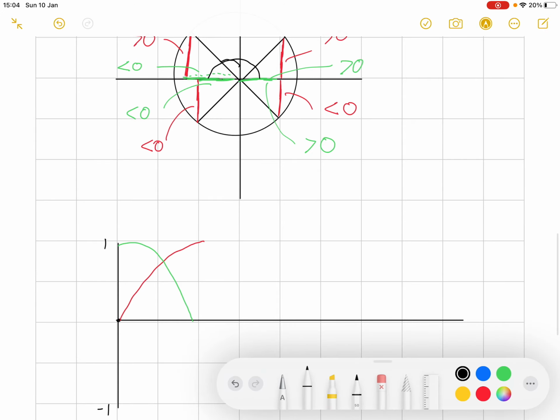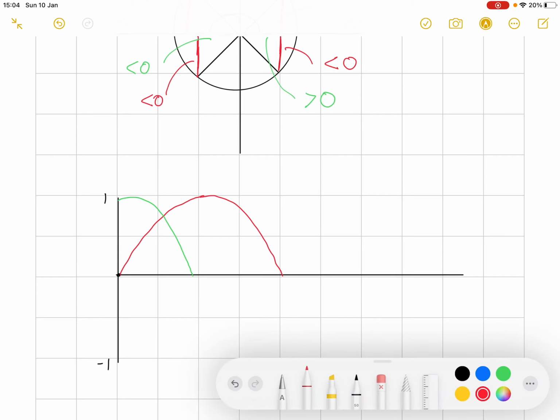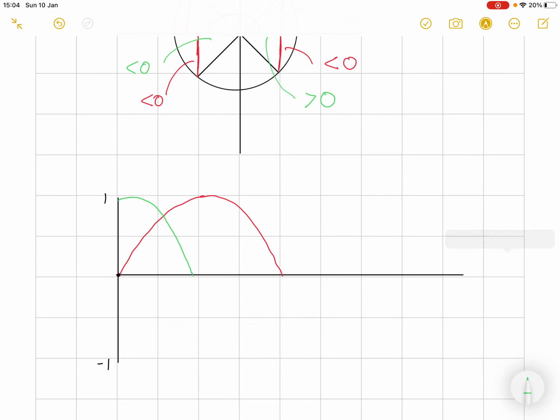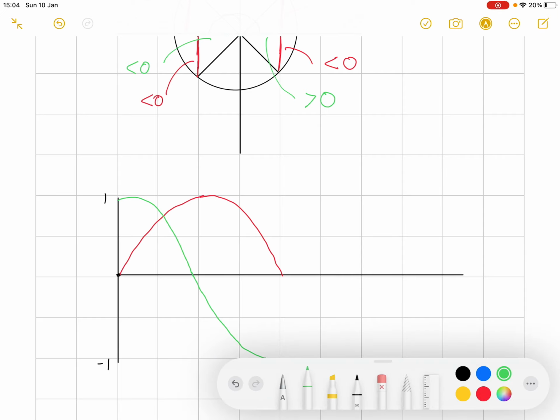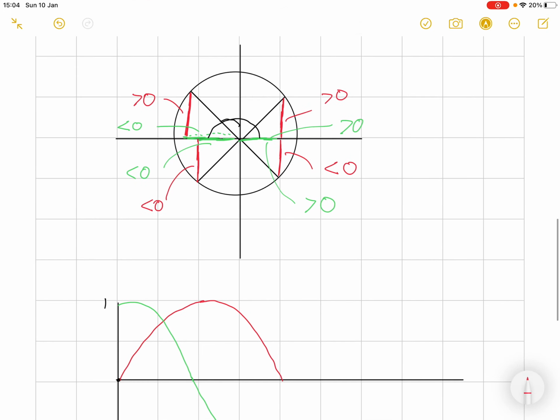So in other words, sine of theta will begin to approach 0, and cos of theta will continue on. And then lastly, sine of theta again starts off at 0 and approaches -1. In other words, it will start to approach this line.